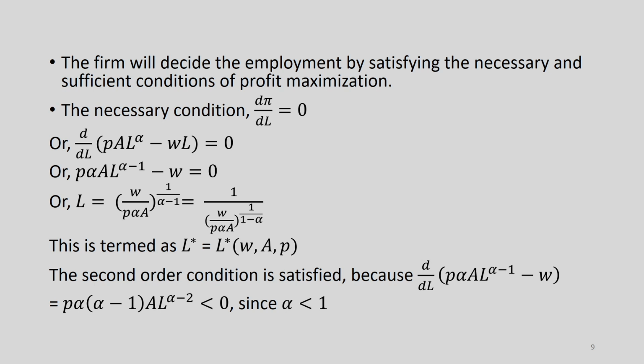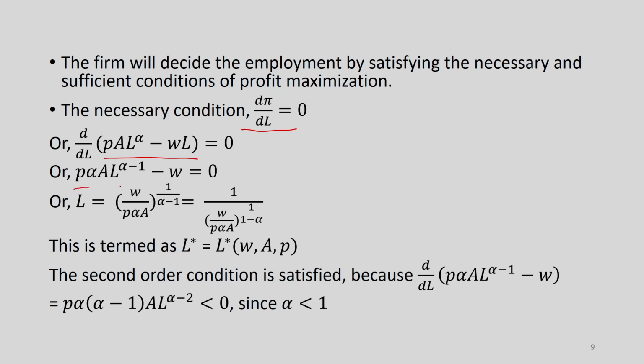The firm will decide the employment by satisfying the necessary and sufficient conditions of profit maximization. This is standard. The necessary condition is d pi dL is equal to 0. So, pi is p multiplied by the production function A L to the power alpha minus wL.